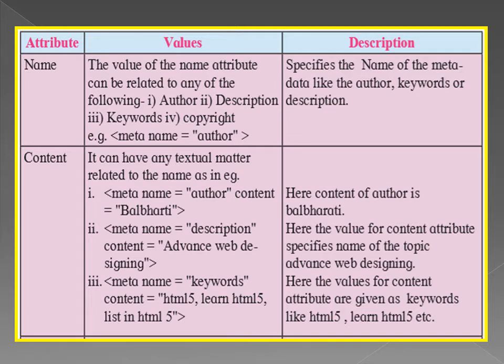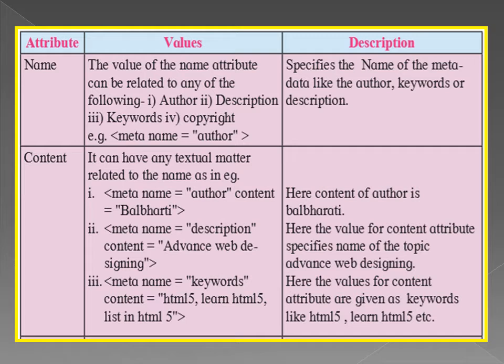Then next is meta name description and content is advanced web designing. So here the value of content is advanced web designing and the name of the attribute is description, which means it describes your web page as advanced web designing.